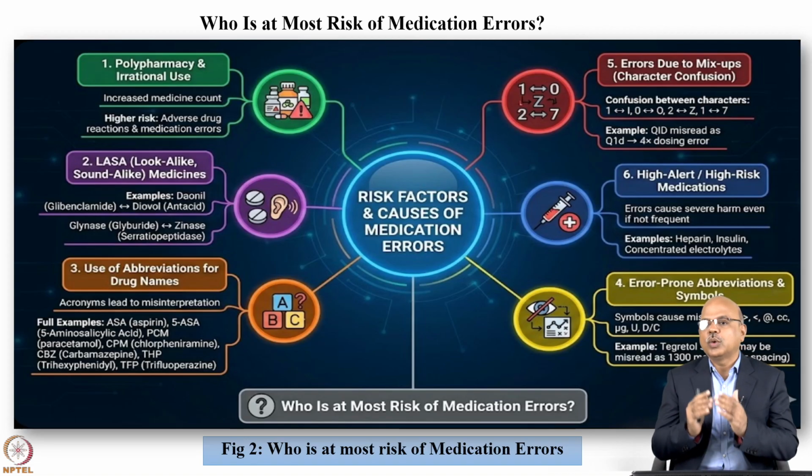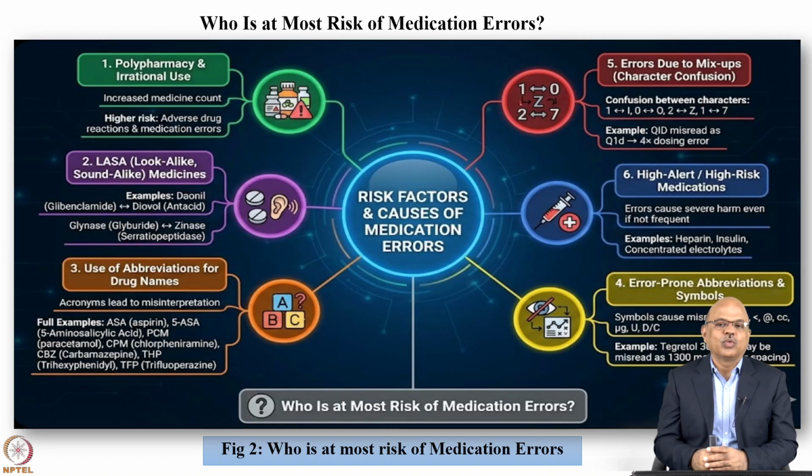Then comes error due to mix-up and character confusion. You can see numbers that are many times seen as a character, which is confusing: 1 and 1, or 0 and 0, 2 and Z, or 1 and 7, and so on.